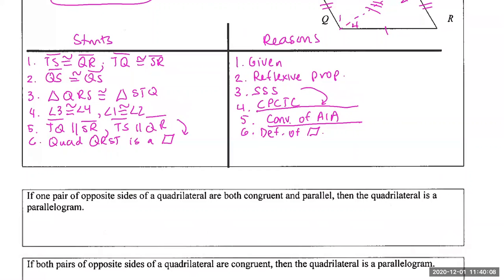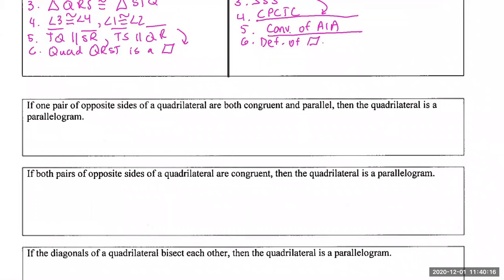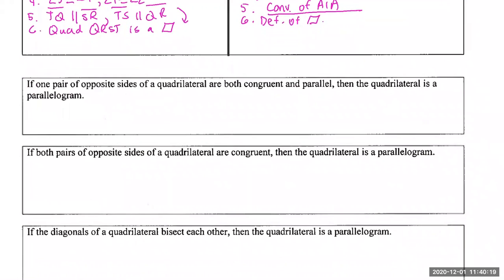So that's going to be one way you can show, and we're not going to prove it, but we're going to show that something is a parallelogram, by showing that opposite sides are congruent. The other way is, these ones I'm going to have you draw a picture, an if-then statement with a picture. So there's also one where you can simply show, if you have a quadrilateral, that one pair of opposite sides, only one pair instead of both pairs, are both congruent and parallel.